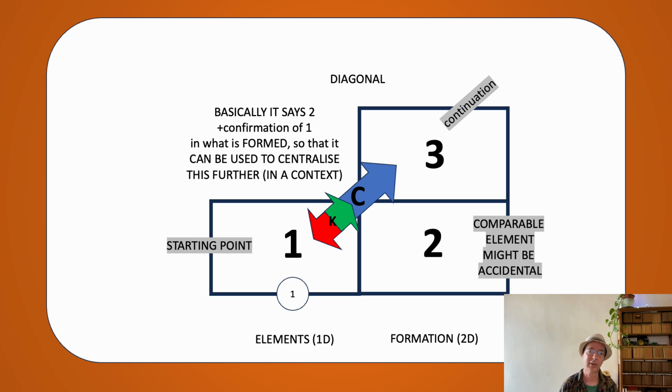It's actually saying you have more than two, and this extra element will make a balance, so you can centralize it further. So it's 2 plus 1. This last one, compared to the first one, should be able to make a balance.